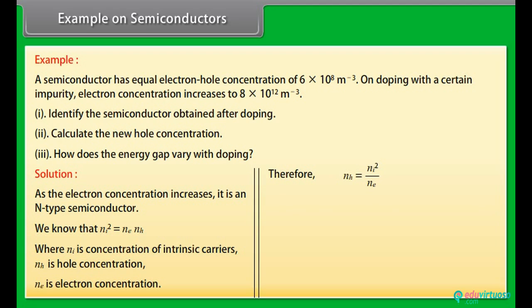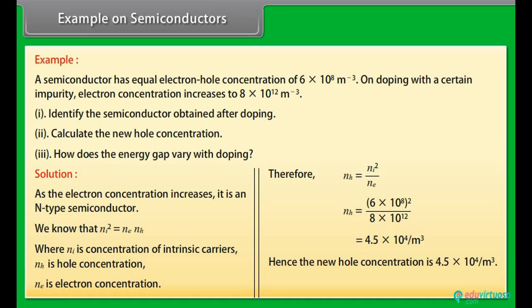Therefore, Nh is equal to Ni square divided by Ne. On putting the values, we get Nh is equal to 4.5 into 10 raised to the power 4 per meter cube. Hence, the new hole concentration is 4.5 into 10 raised to the power 4 per meter cube. With the doping, energy gap decreases.